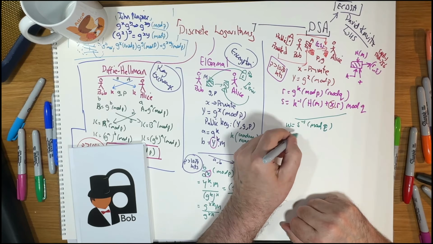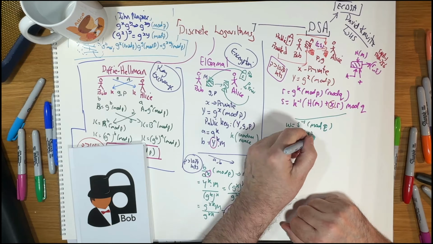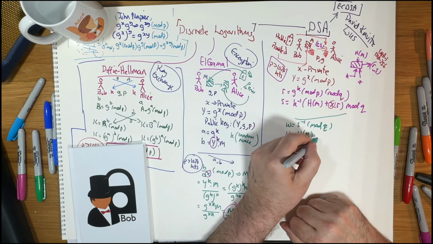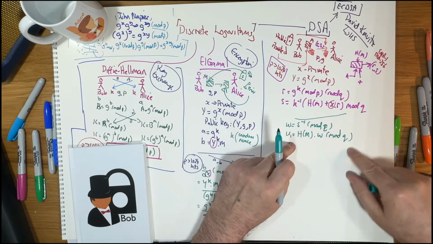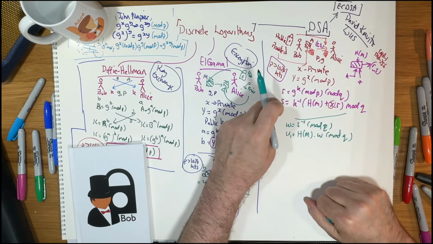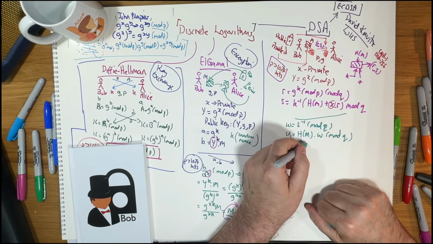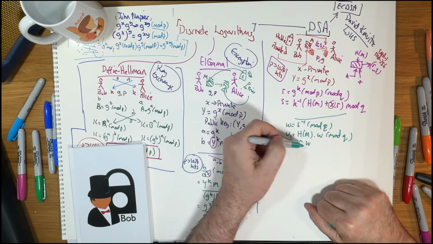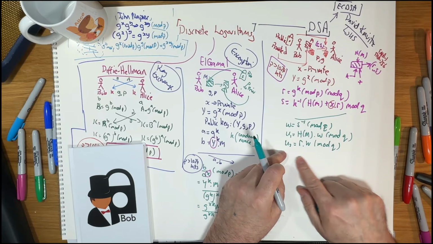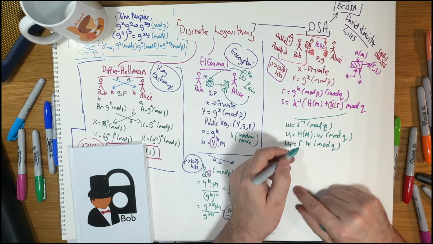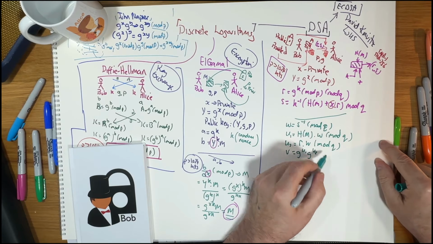We then compute two values. For U1, we take our own hash of the message and multiply it by W, and that's mod Q. Remember, mod Q constrains the values of R and S. For U2, we take R times W, and again we take mod Q. Finally, we take V, which is G to the power of U1, times Y to the power of U2.